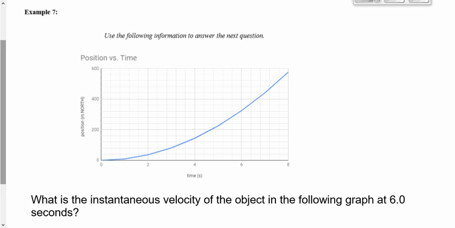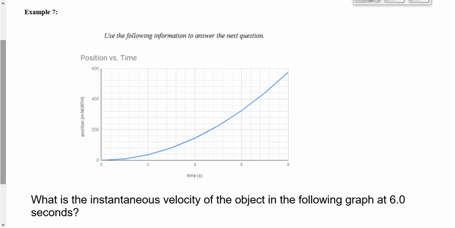Now, if it was a straight line, we would find the slope of that straight line, or just use v equals d over delta t to find the constant velocity of that straight line. And the instantaneous velocity at any moment would be the same as that uniform velocity. But we can't do that here because this is accelerating. Now, what a lot of people want to do for this, they would be wrong, so don't copy this down.